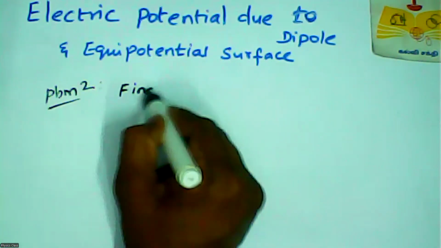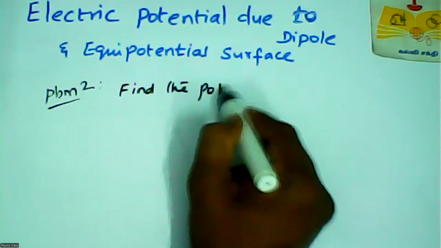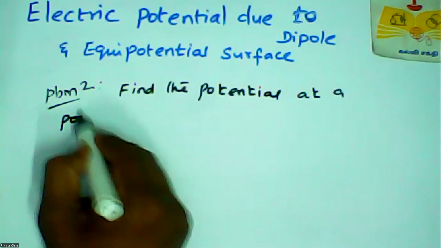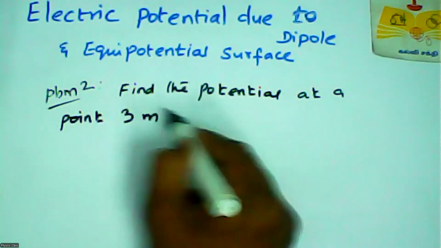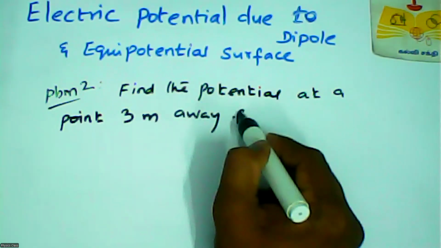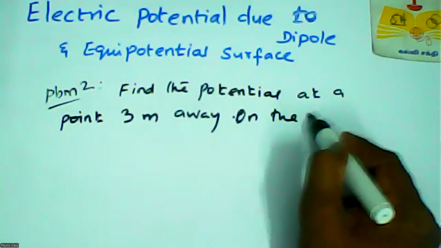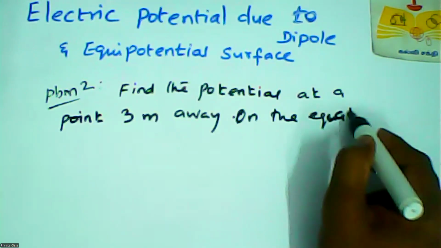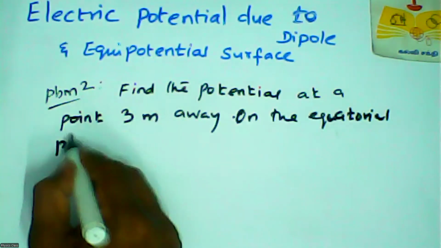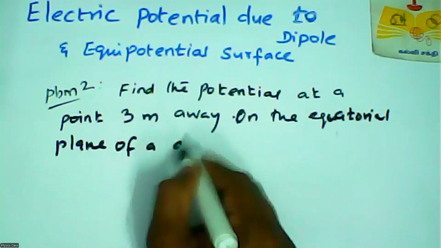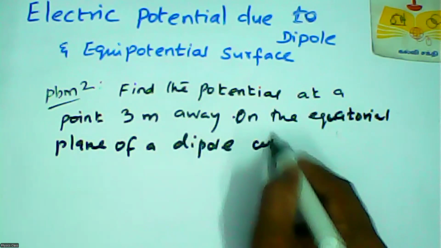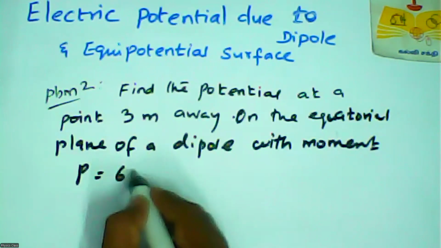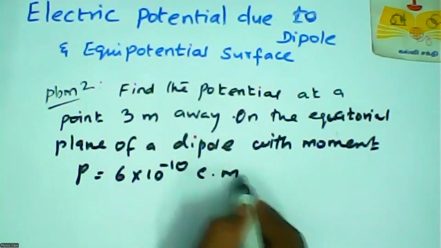Find the potential at a point 3 meter away on the equatorial plane of a dipole with moment P is equal to 6 into 10 power minus 10 coulomb meter.